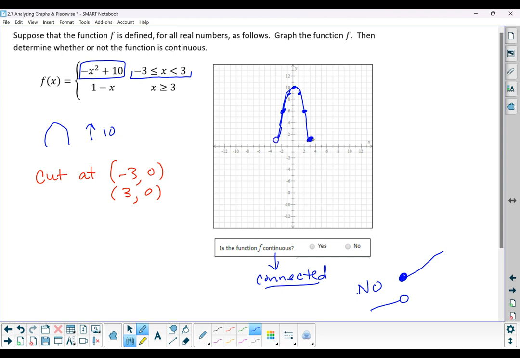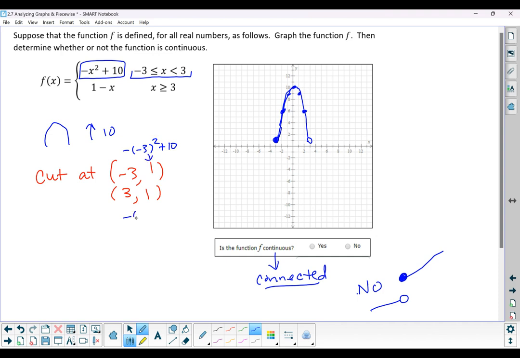If you're having a hard time telling the exact y value, what you want to do is just sub those x values in. So this y value should be 1. You can get that by saying -3 squared plus 10, so just subbing it into the equation, that equals 1.